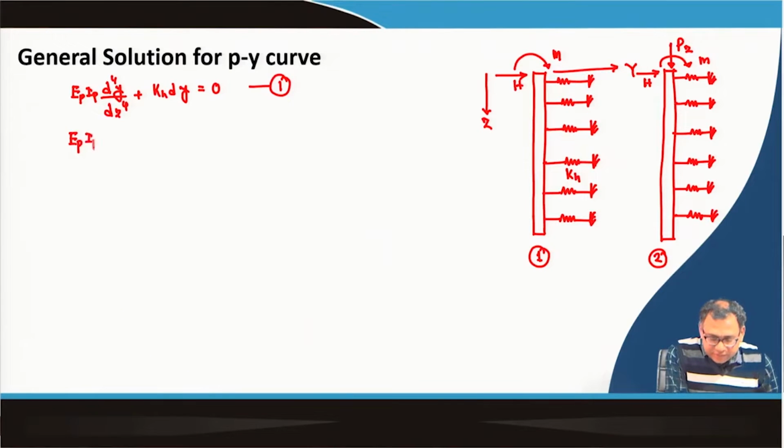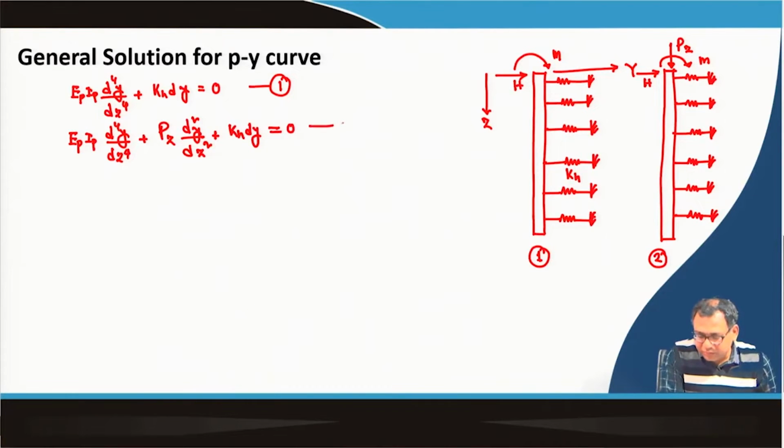So, this will be the basic equation plus P z d square y by d z square plus K h D y equal to 0.